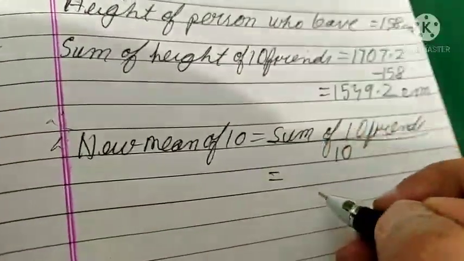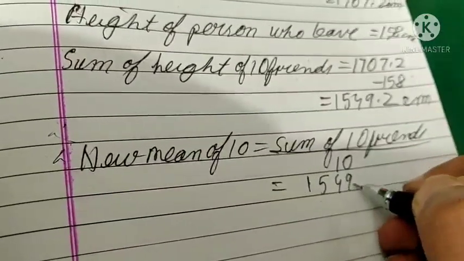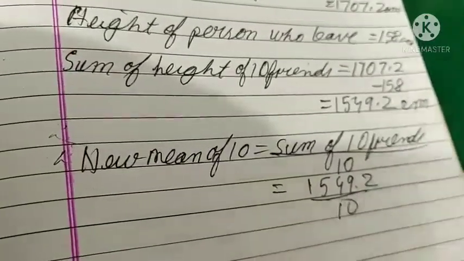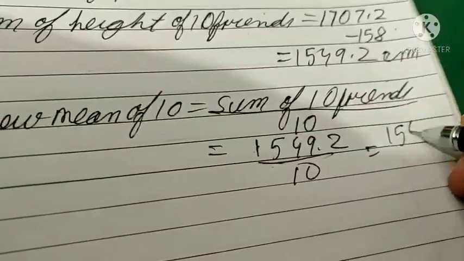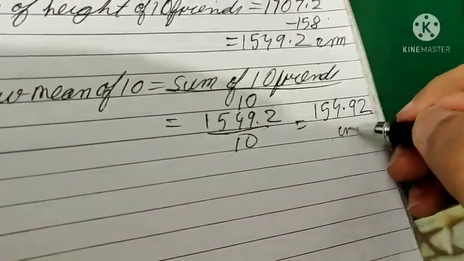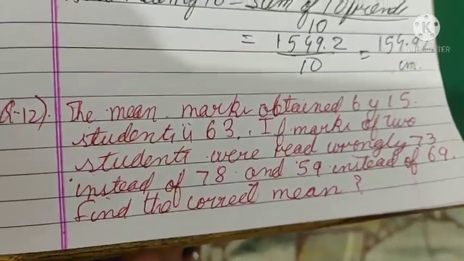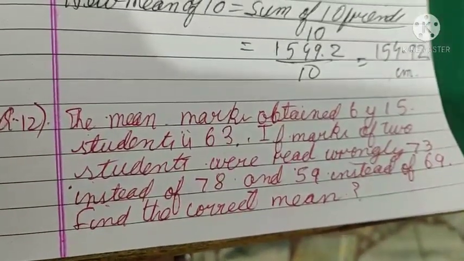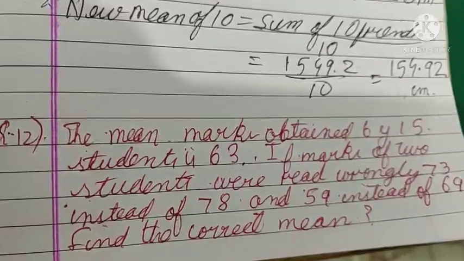So this is 1549.2 upon 10. This will be equal to 154.92 centimeters.